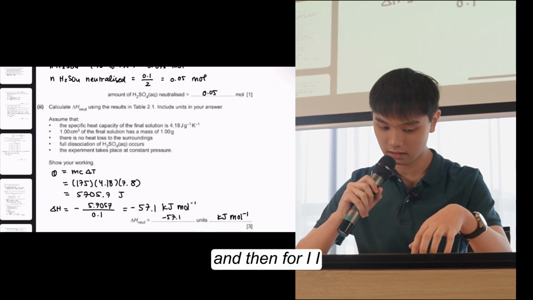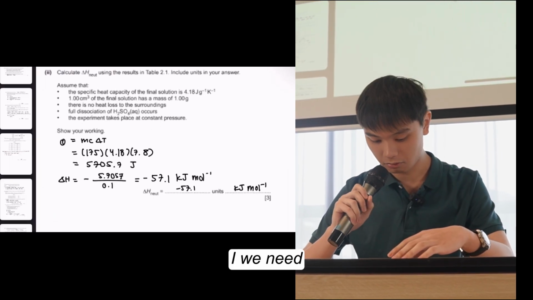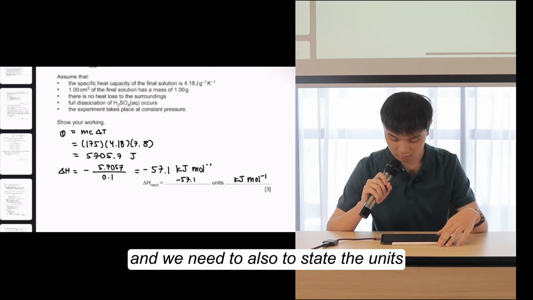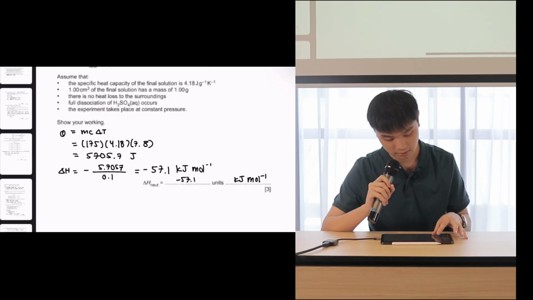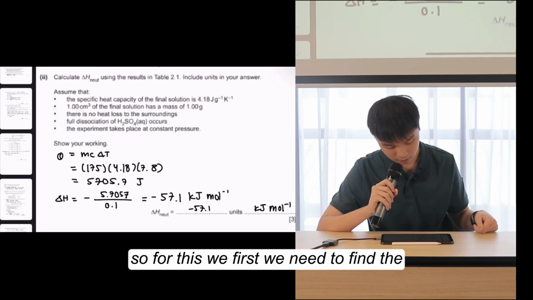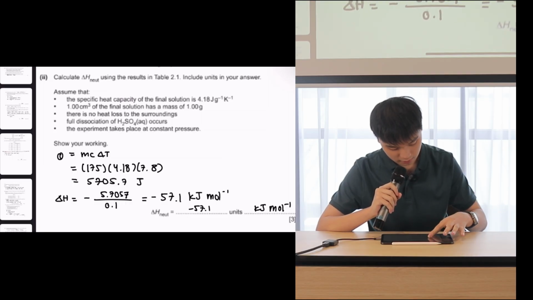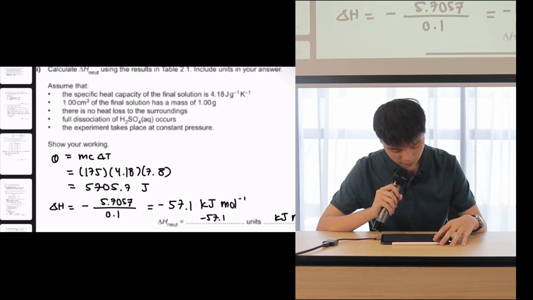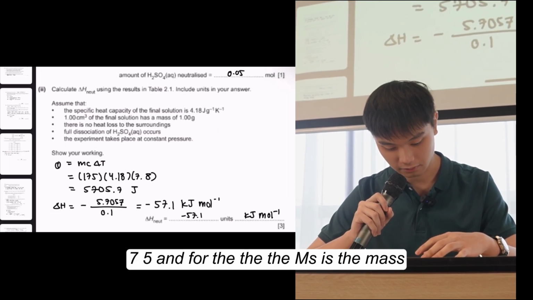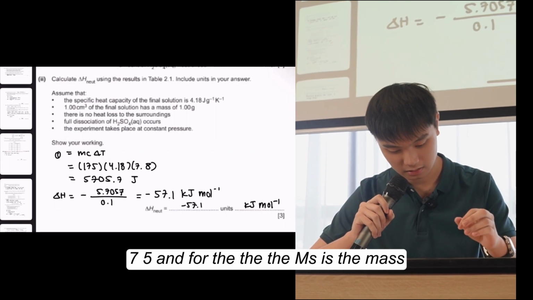And then for II, we need to find the delta H of neutralization, the enthalpy change, and we also need to state the units. So for this, we need to find the joules first. So we use the equation mc delta T. The m is the mass.